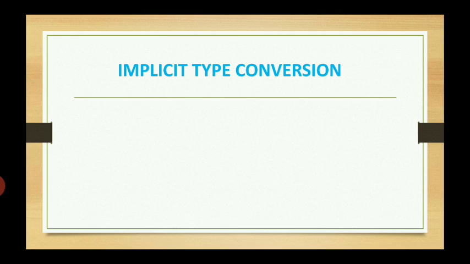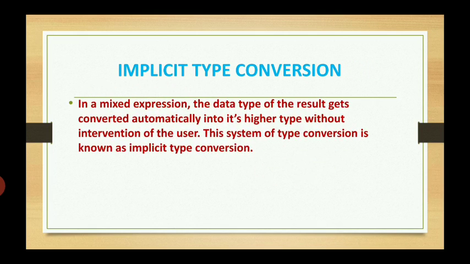What is implicit type conversion? In a mixed expression, the data type of the result gets converted automatically into a higher type without intervention of the user. This system of type conversion is known as implicit type conversion.